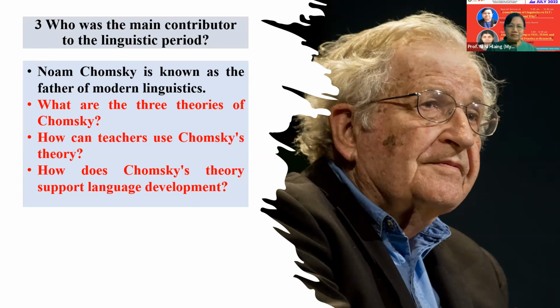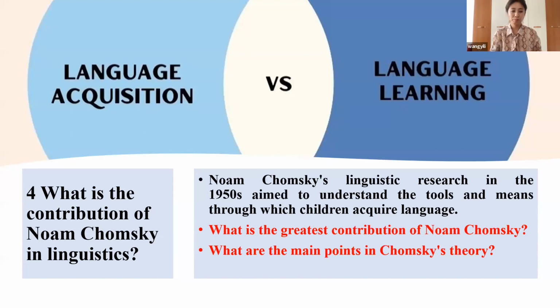So move to question number 4. What is the contribution of Noam Chomsky in linguistics? Noam Chomsky's linguistics research in the 1950s aimed to understand the tools and means through which children acquire language.